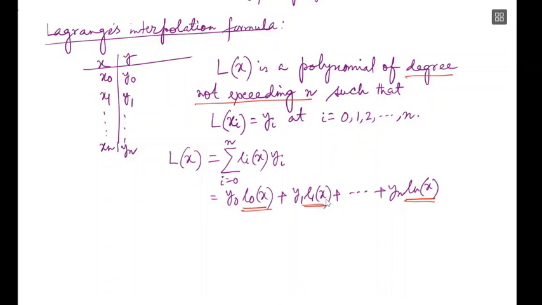So the linear combination of these polynomials will also be a polynomial of degree not exceeding n.